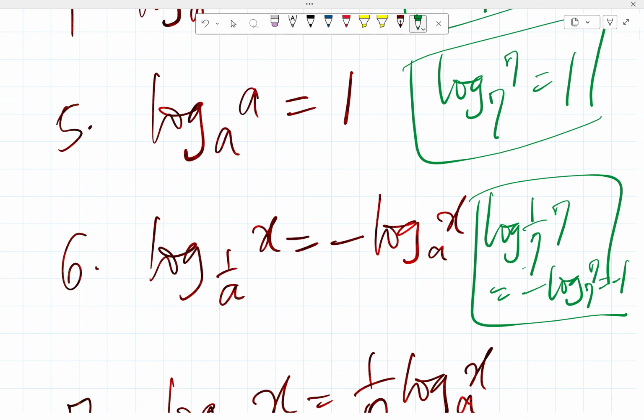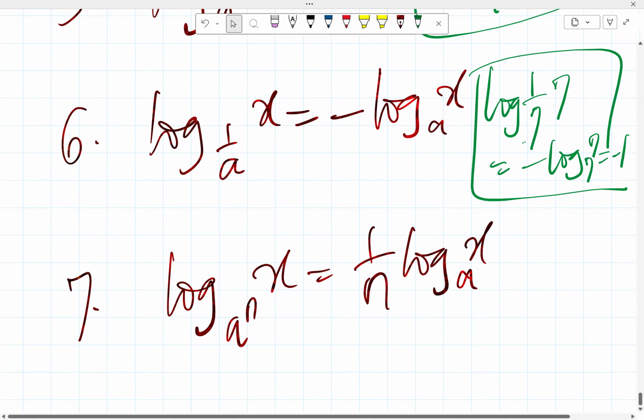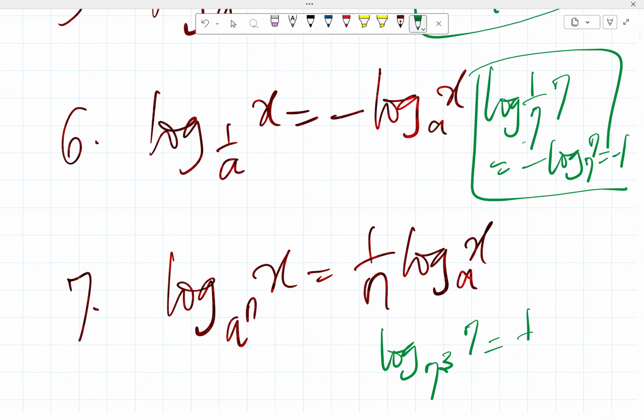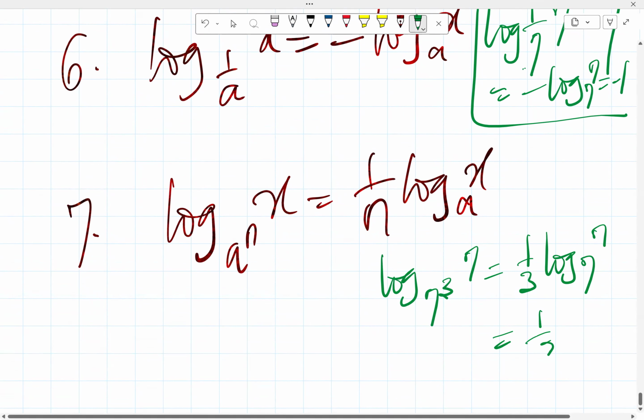Then when we have, say, log 7 raised to power 3 base 7, that will simply be 1 over 3 log 7 base 7, which is 1 over 3, simply.